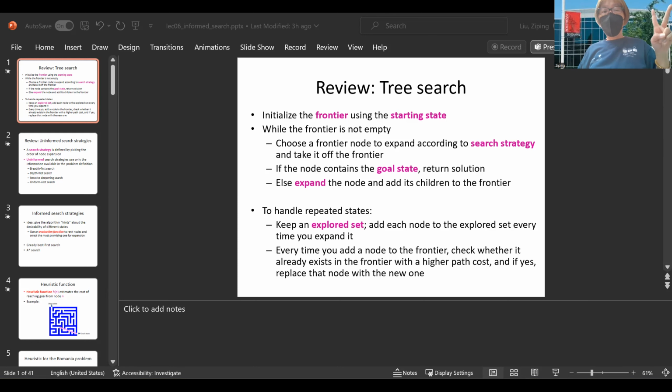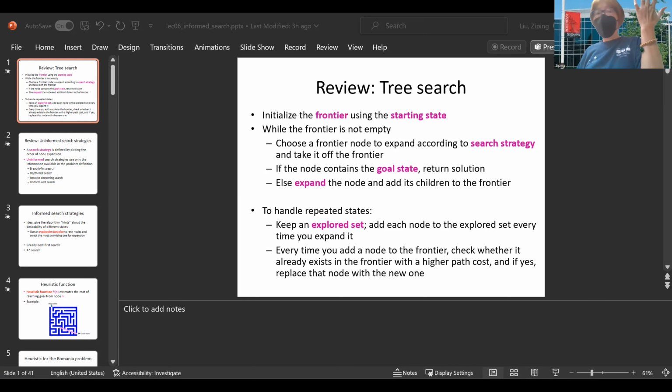Based on this, who are you going to expand? You're going to expand this node. So you get to 3. And then you add, because it's tied, you pick one. So you get to 4. And the other one is also 4. And that's why you already reached the goal. So we can borrow this.